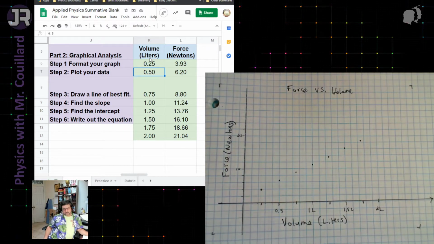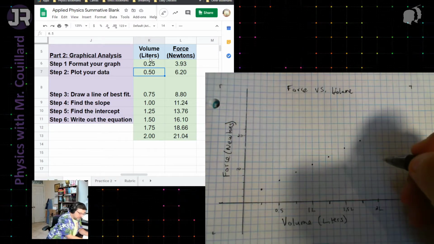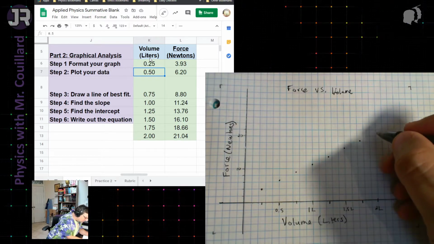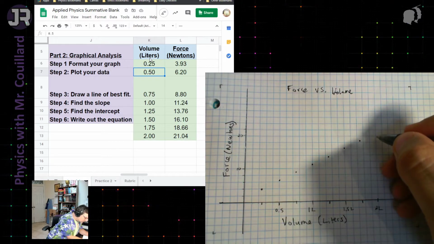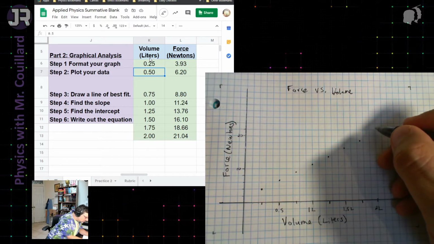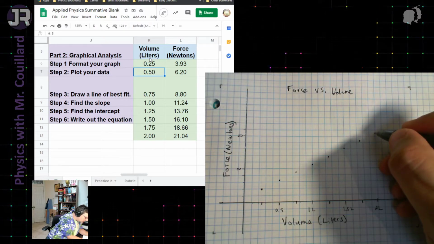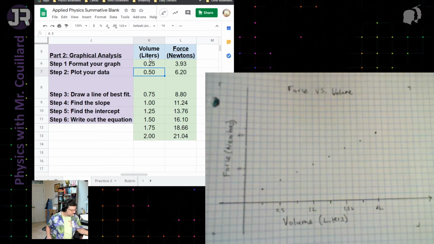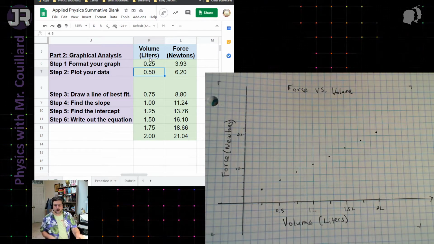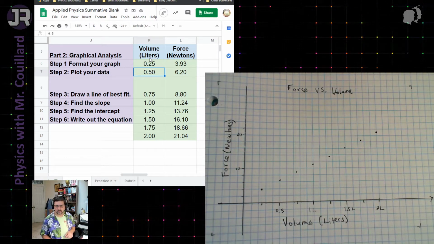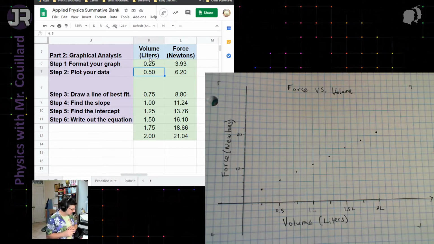And then 2 liters, and that gives us up to 21. So 2 liters is here, 20 is here, 22 is here, so about halfway. It's 21. Okay, so there are our 1, 2, 3, 4, 5, 6, 7, 8 data points.